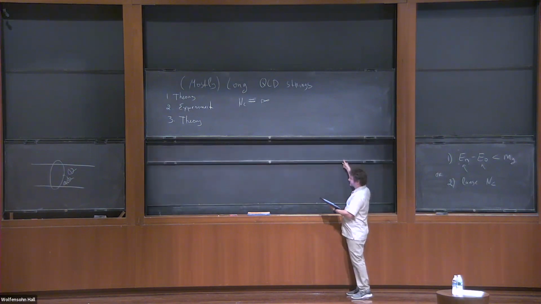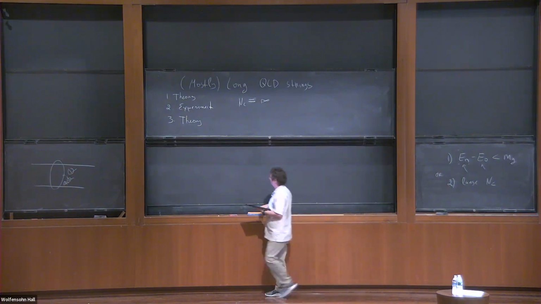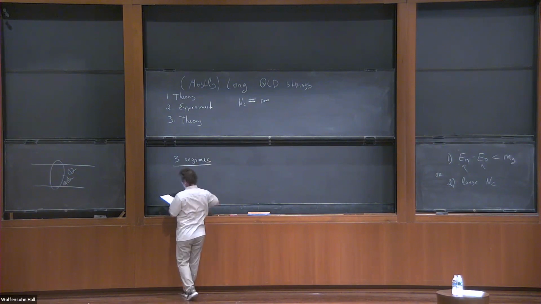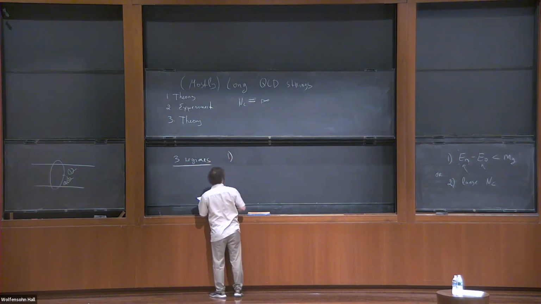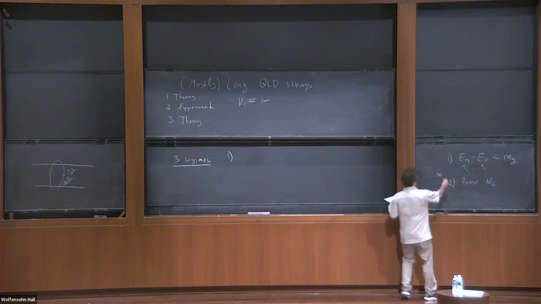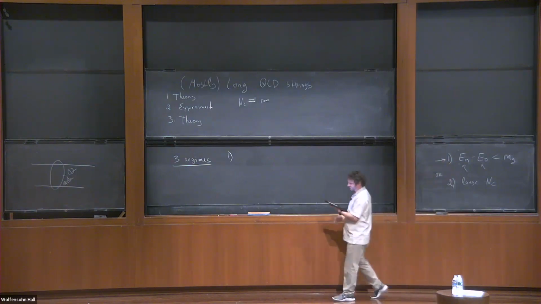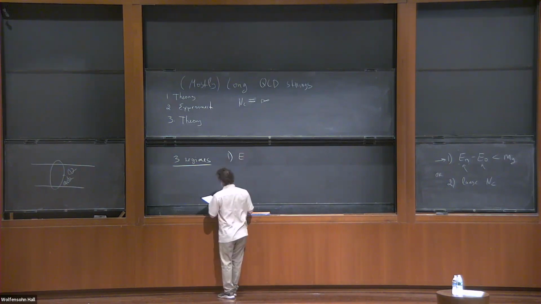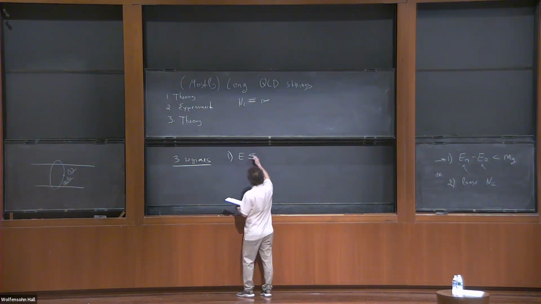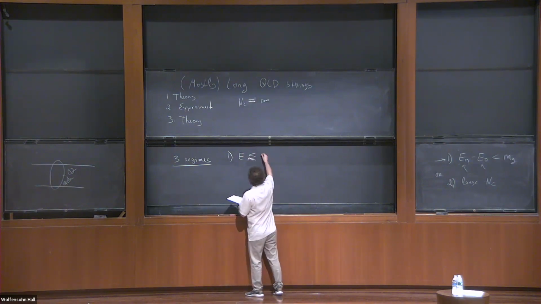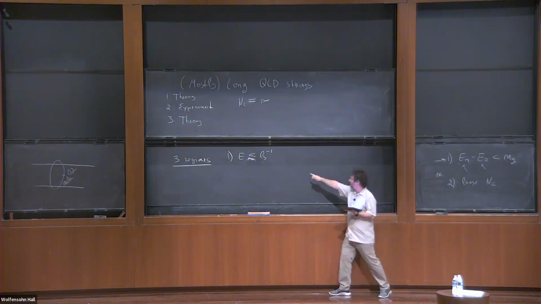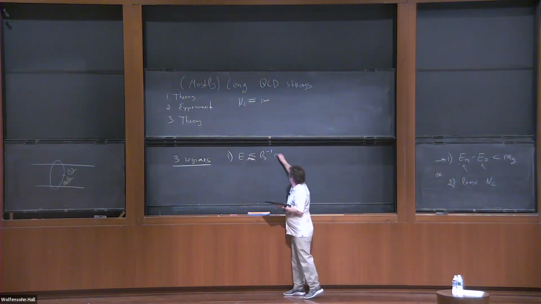There are three regimes which are useful to think about. The first roughly corresponds to what I was talking about here. It's not exactly the same, but morally closely related: the energy is smaller than or approaching the inverse string length. Like in some previous talks, the string scale for me, in the case of QCD, is the same as lambda QCD.